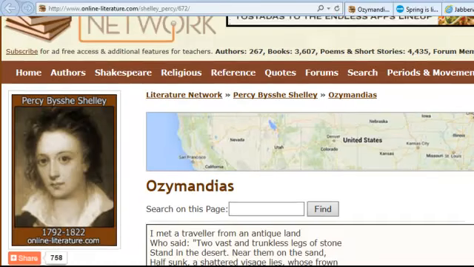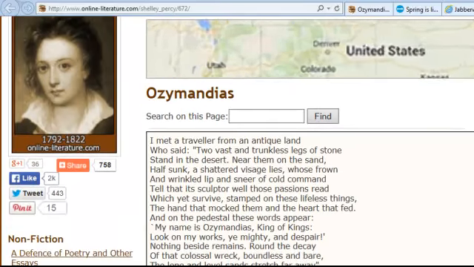I met a traveler from an antique land who said, "Two vast and trunkless legs of stone stand in the desert. Near them on the sand, half sunk, a shattered visage lies, whose frown and wrinkled lip and sneer of cold command tell that its sculptor well those passions read, which yet survives, stamped on these lifeless things, the hand that mocked them and the heart that fed.